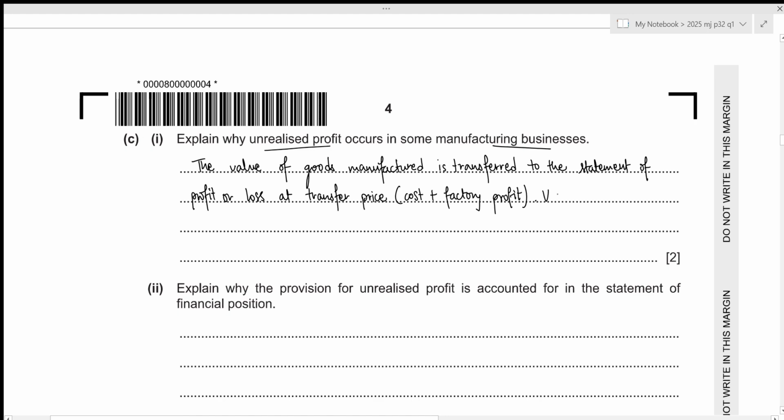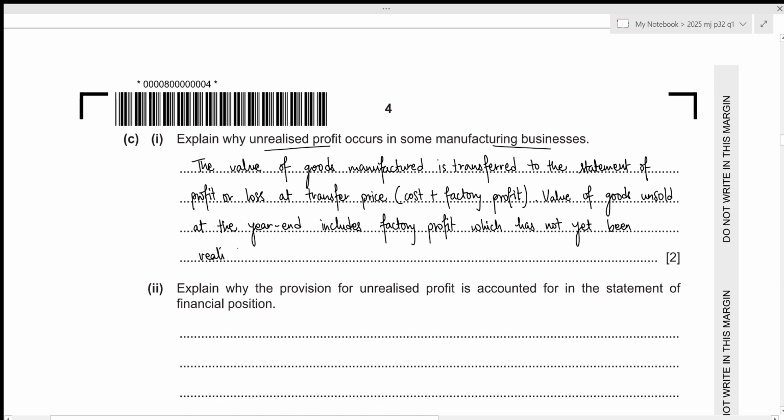Now, value of goods unsold, which is basically referring to the closing inventory at the year end, includes factory profit, which has not yet been realized. Alright, that is all for this part. Let's move towards the next one.